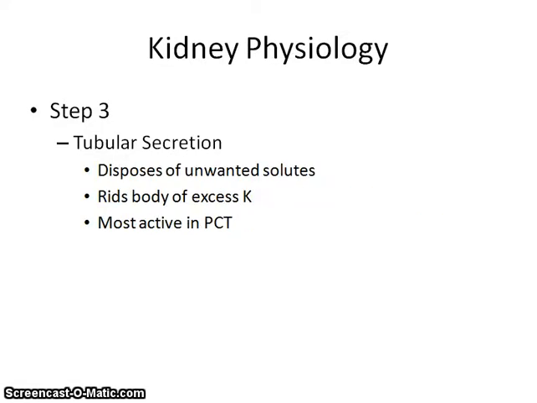The third step is tubular secretion. So maybe we have extra things we want to get rid of, like excess potassium, or maybe leftover remnants of a medication you were taking. That's going to be secreted into the tube so it can leave your body through your urine.